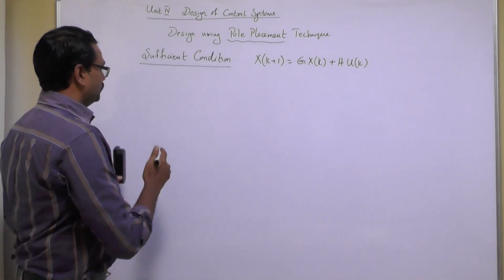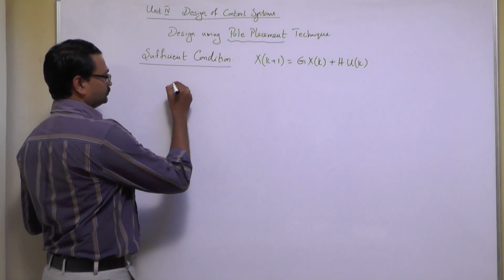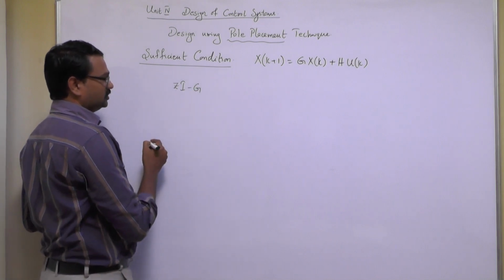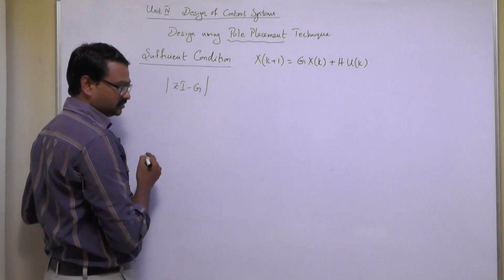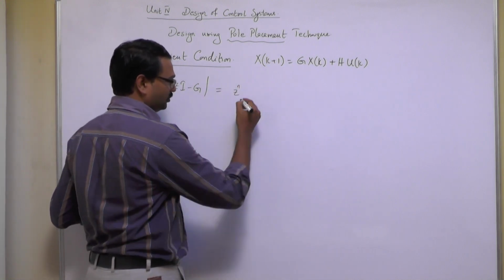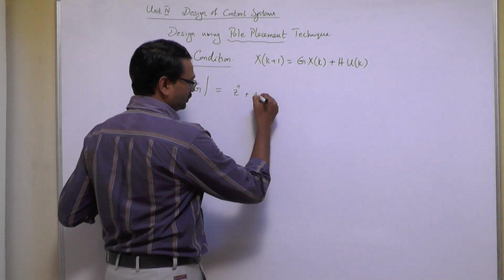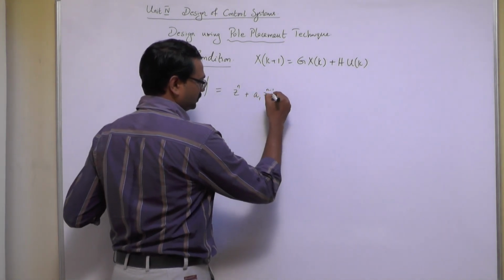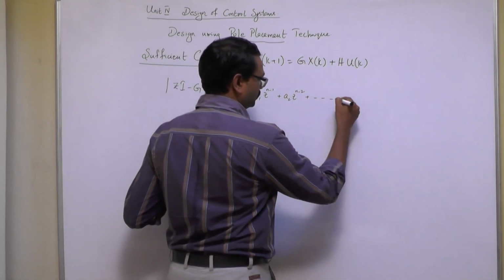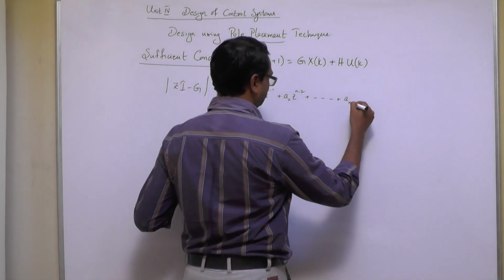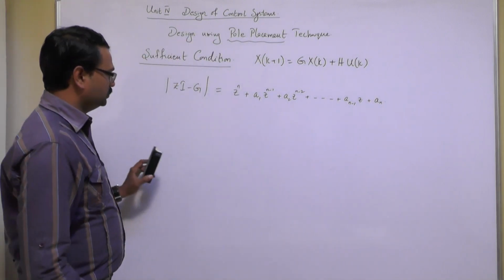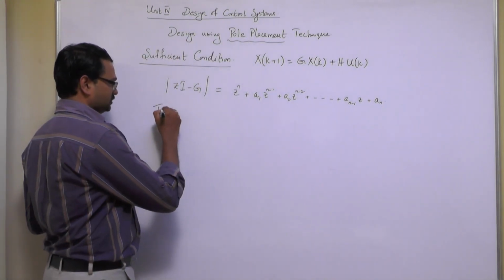We have the equation zI minus G equal to 0, the characteristic equation of the original system, which gives z to the power n plus a1 z to the power n minus 1, a2 z to the power n minus 2, and so on, plus a n minus 1 z plus an. Now choose a transformation matrix.